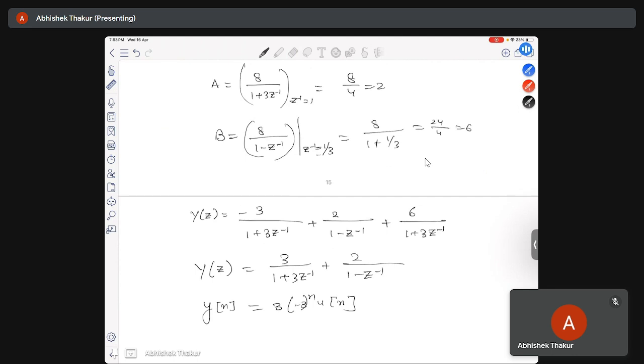So it will become 3(-3)^n u(n) + 2u(n). So the final answer will be y(n) = [3(-3)^n + 2]u(n).